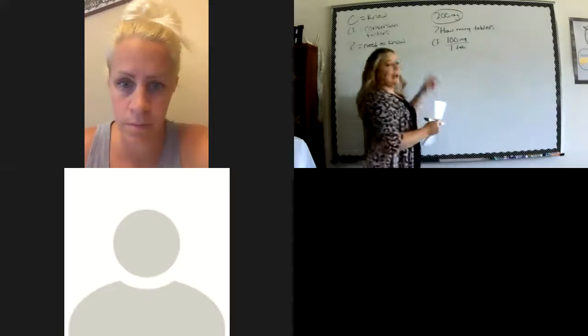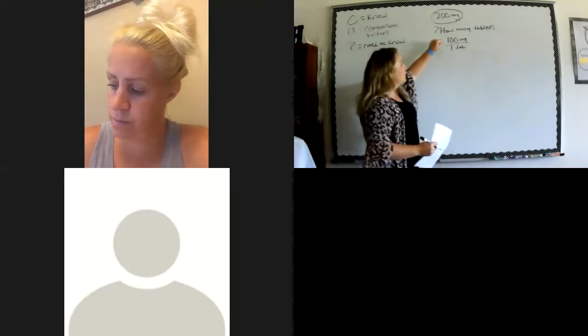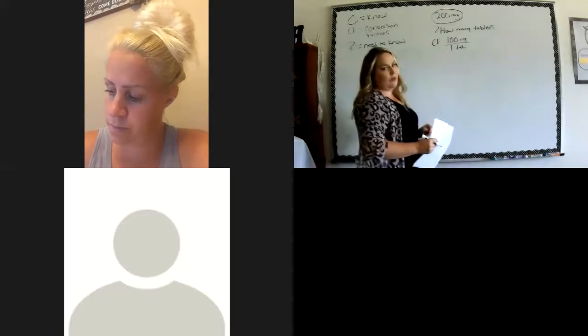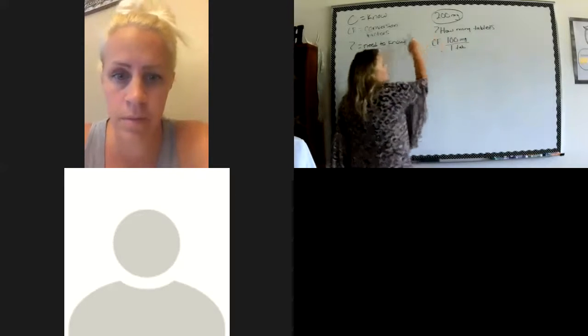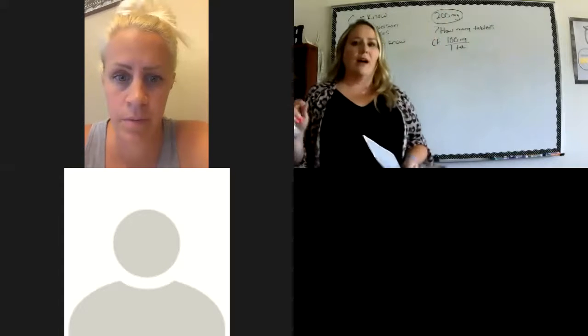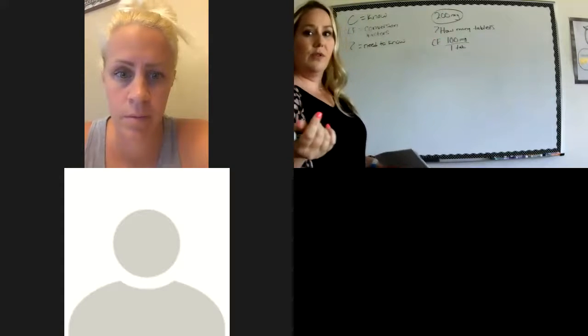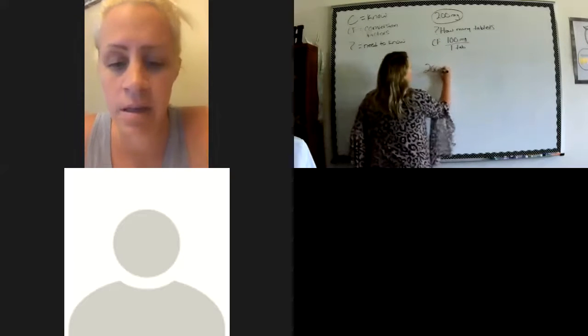Remember, that's a ratio. I could flip-flop that. It's not a real fraction. It doesn't matter. It means the same thing. One tab is 100 milligrams. 100 milligrams is one tab. They can flip-flop back and forth all that they want. So that's my conversion factor. That's what I need to know, and that's what I already know. So back in the beginning, I said you always start with what you know. So what we know is 200 milligrams.